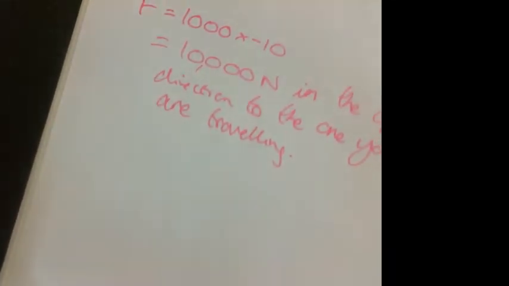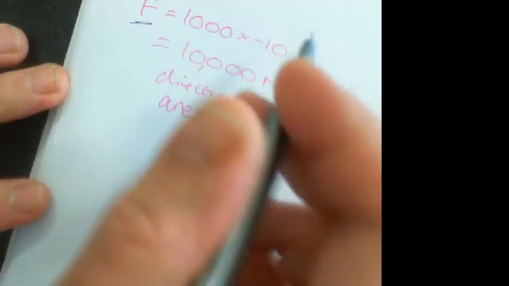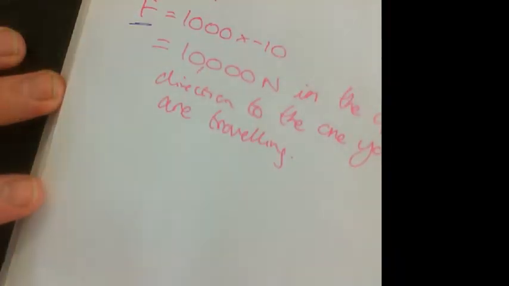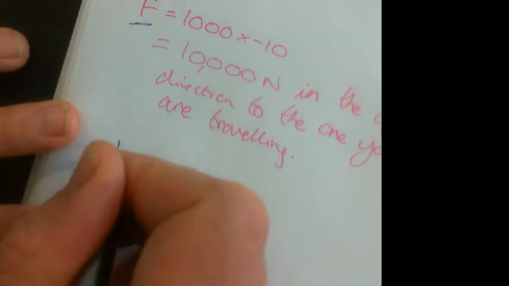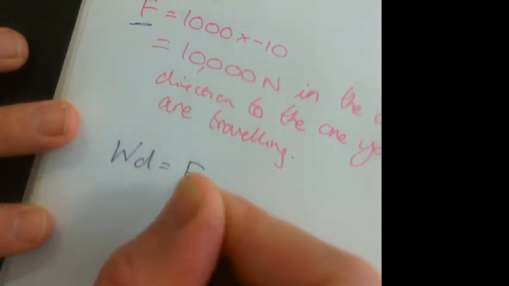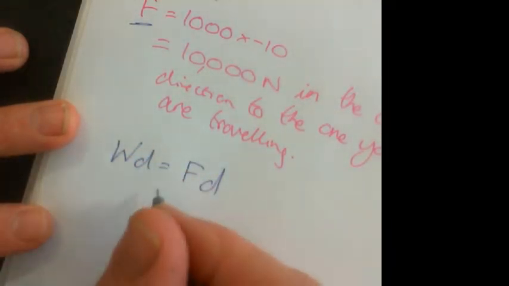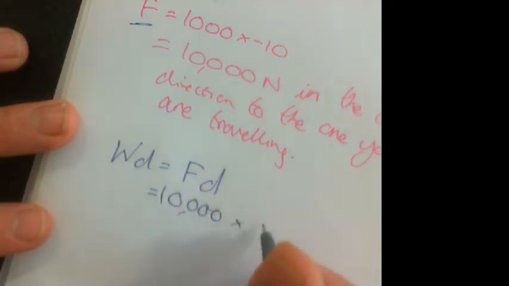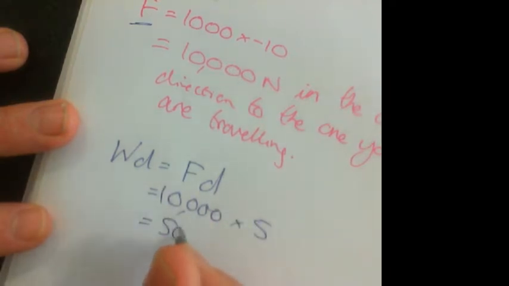Okay, and well, this is interesting, because what we've just discovered is we've got a force and we've got a distance, and if we remember from our previous module, we know that work done equals force times distance. So then that's your 10,000 times 5 to give you 50,000.